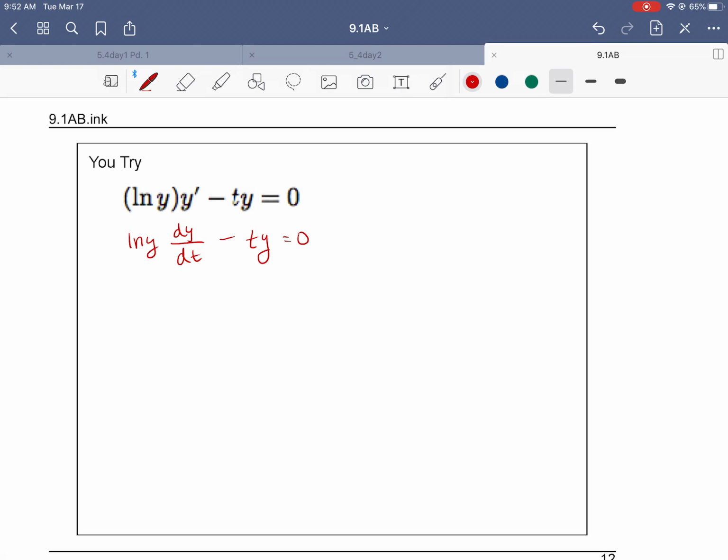Okay, so I'm going to add ty to the other side for now. I'm going to multiply by dt and divide by y.